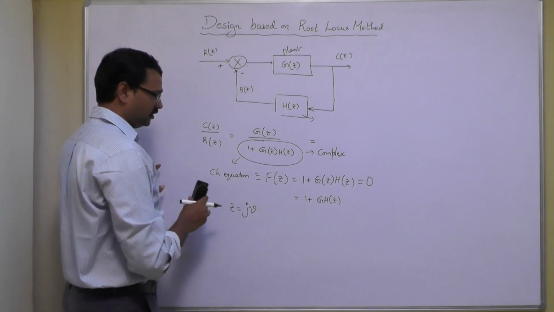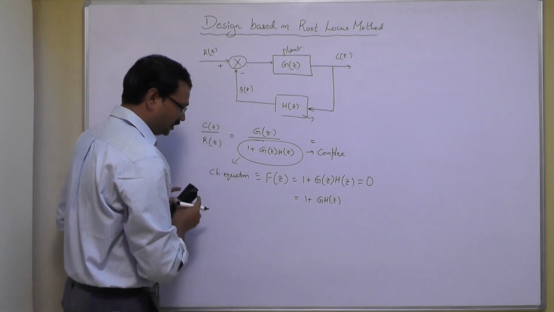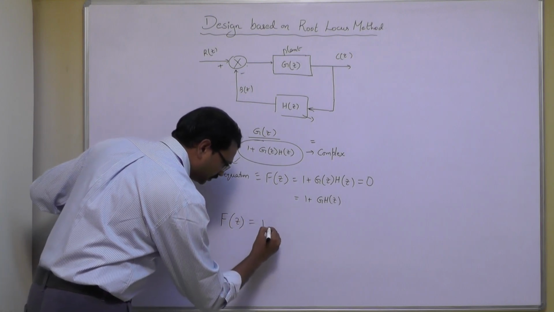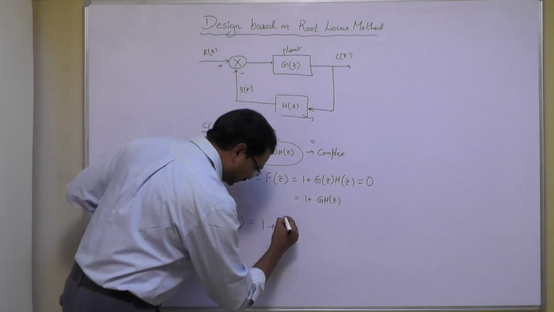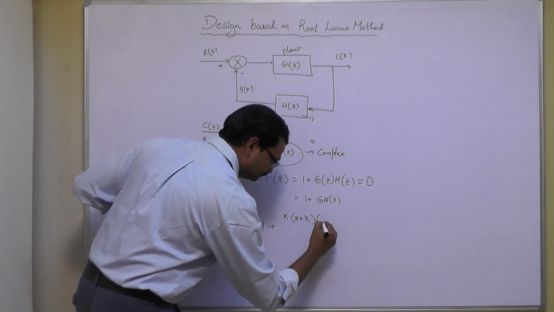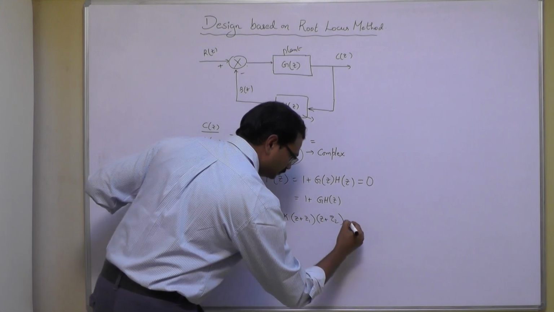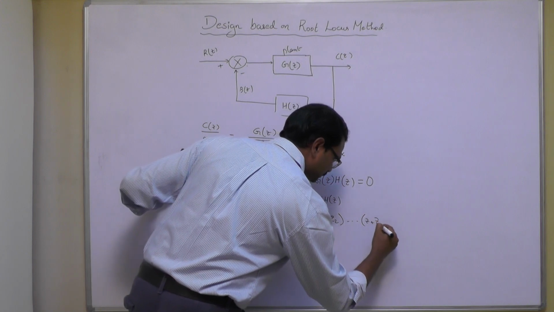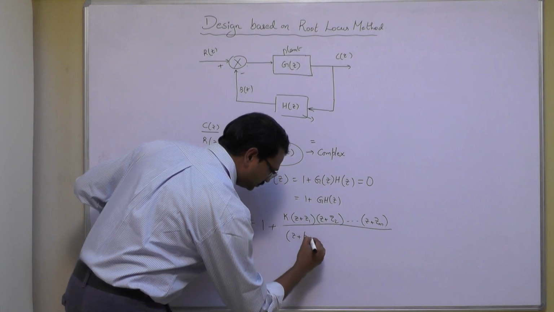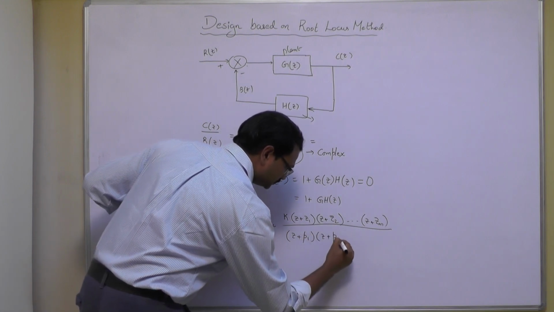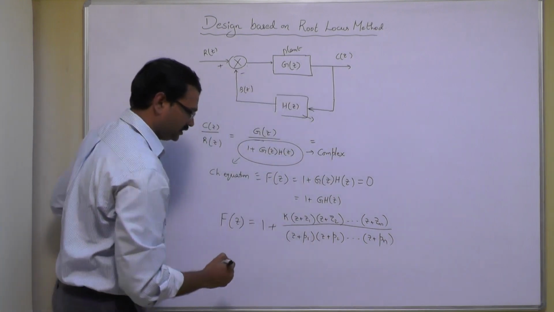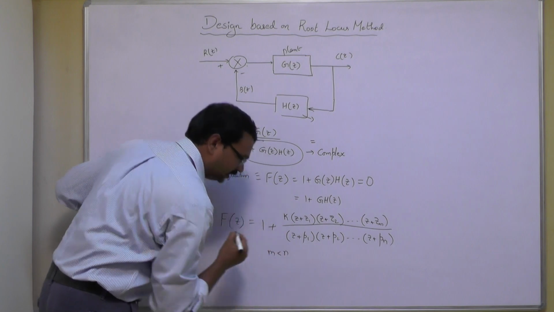For example, what is F of z? F of z equal to 1 plus GH of z can be given as k into (z plus z1)(z plus z2)...(z plus zm) by (z plus p1)(z plus p2)...(z plus pn), where m is less than n.